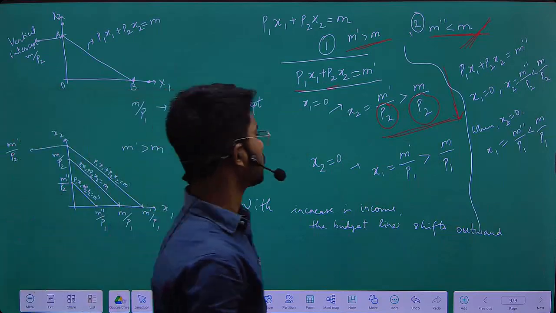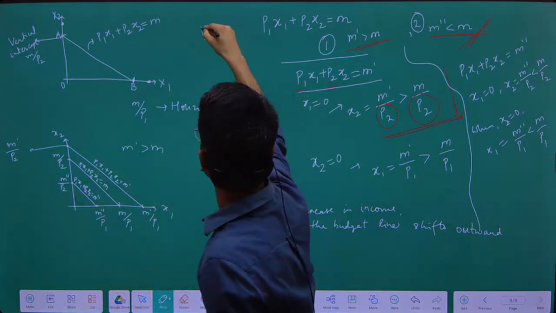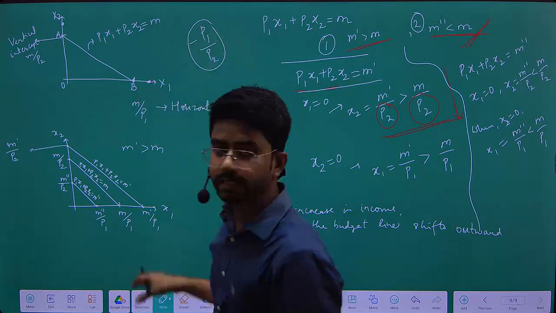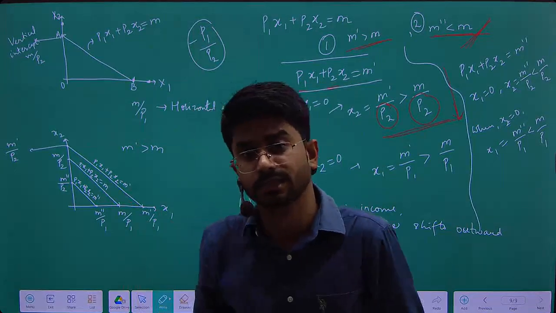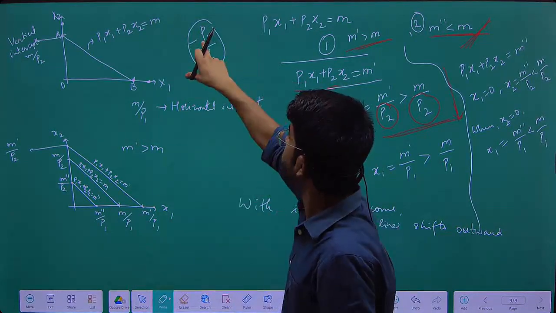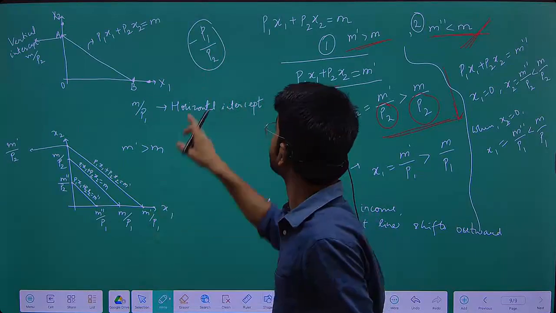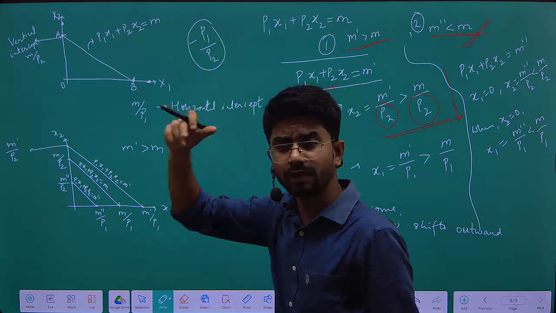How? Because we had the slope of the budget line having the value minus p1 upon p2, and in this case our price has not changed. If your price has not changed, in that case the value of p1 and p2 will remain the same. If p1 and p2 remain the same, in that case the ratio of p1 by p2 will remain the same.